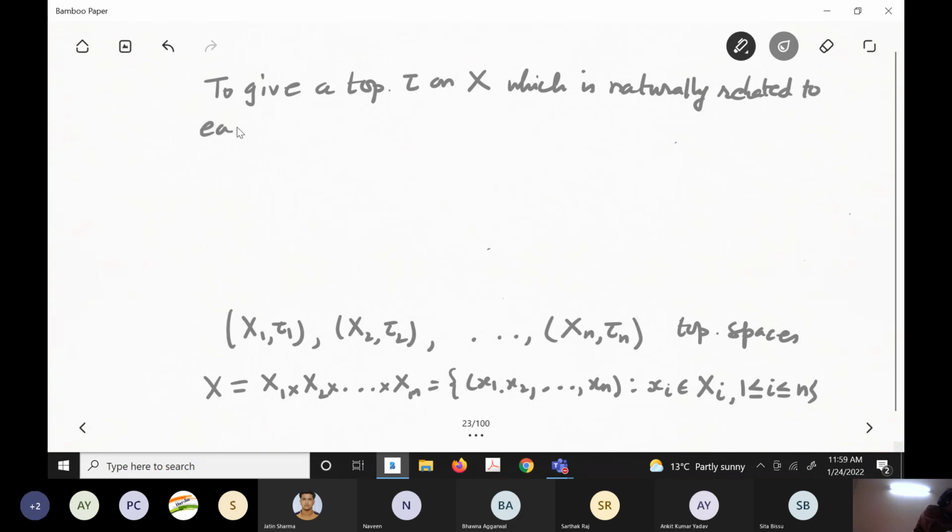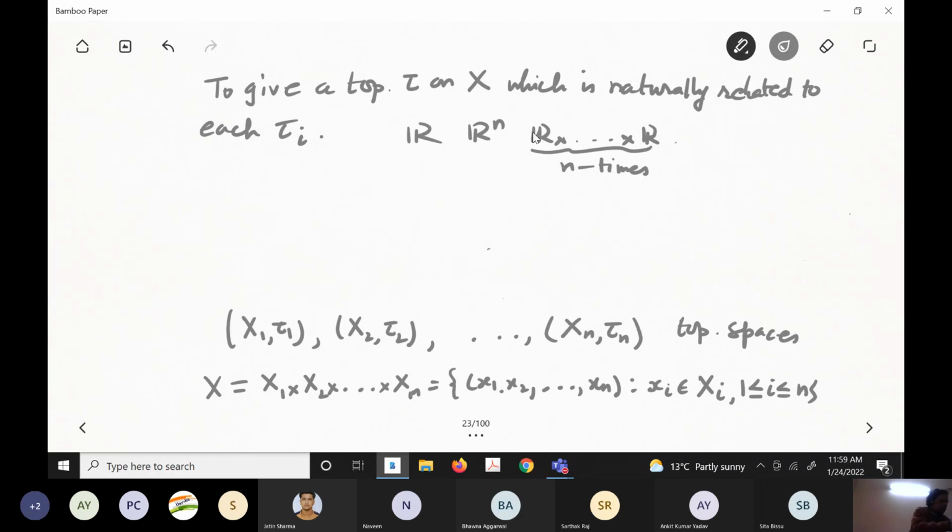Actually, I told you our model is R. You have taken R to the power n, which means R cross R, n times. Here the usual topology is naturally related to the usual topology on each copy of R. So that is how to give this natural topology.